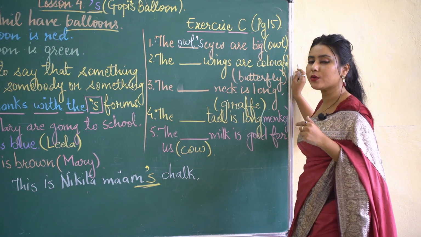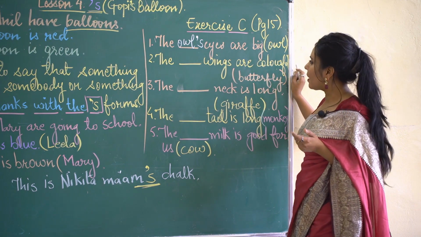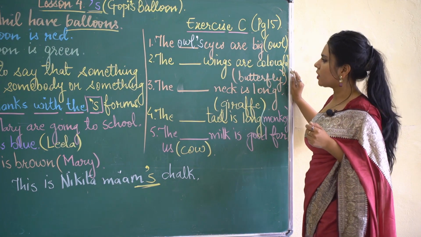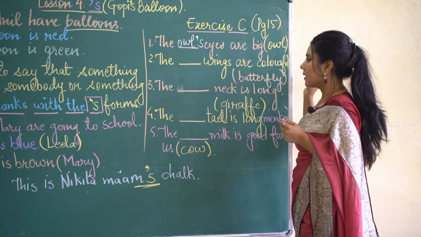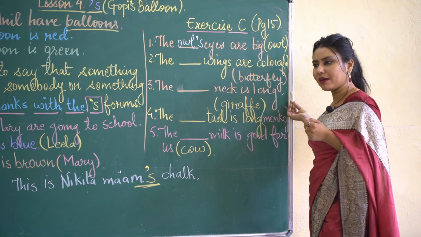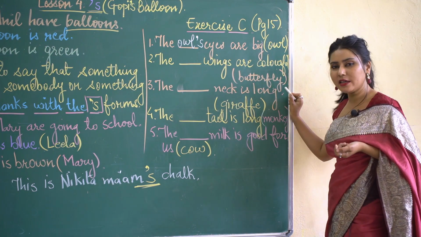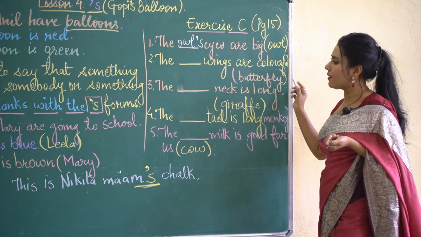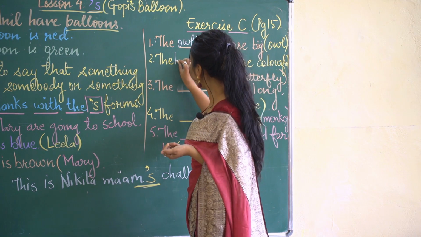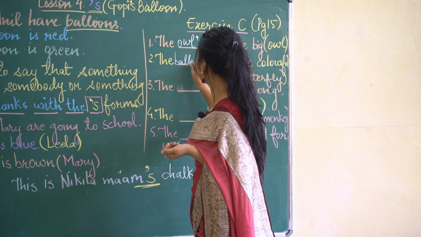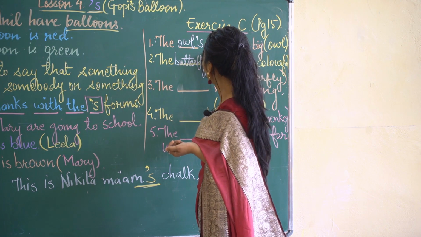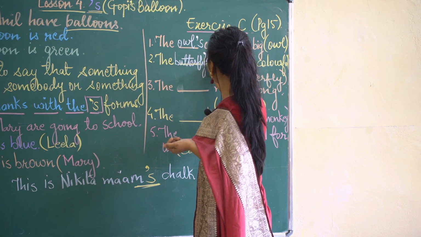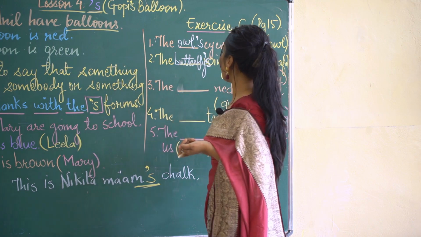That is how you try to explain about a bird or any other thing. Now the second one, the dash wings are colorful. There must be a picture given of a butterfly in your book, but I have written butterfly here. So children, you will write butterfly and an apostrophe S. You understand?